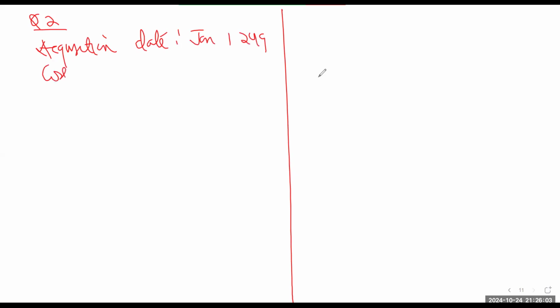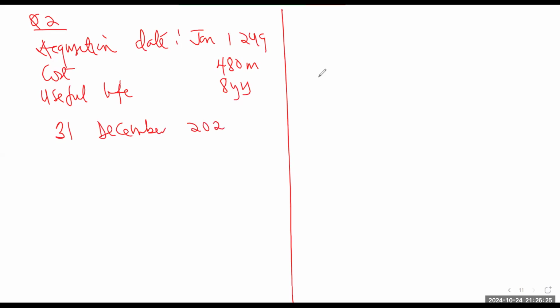The cost of the asset was 480 million, and the useful life was 8 years as at that date. Our first impairment was carried out on 31 December 2021, that is, at the end of 2021, isn't it?